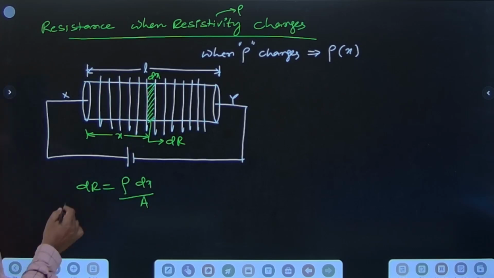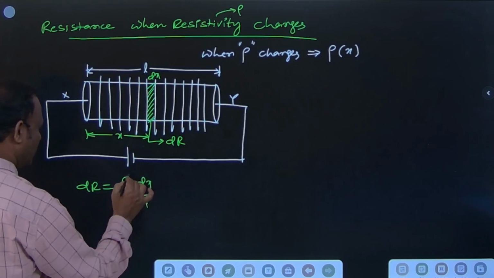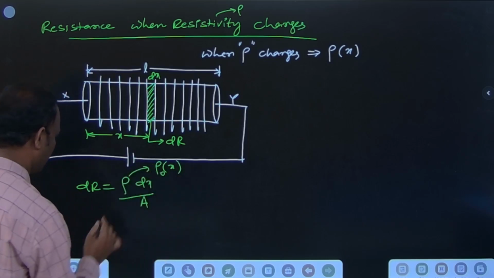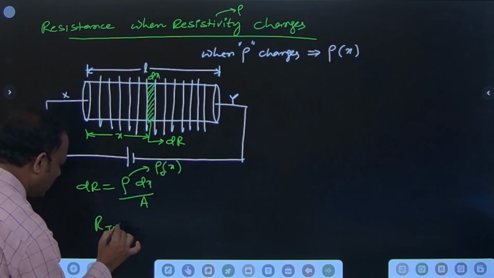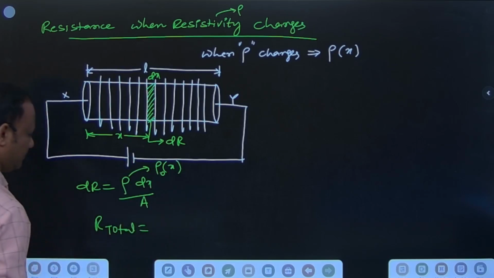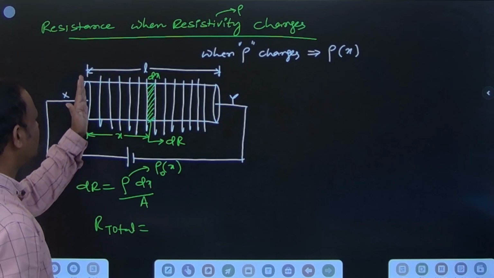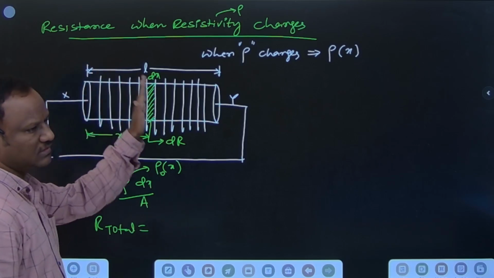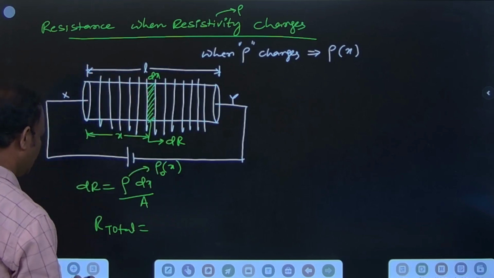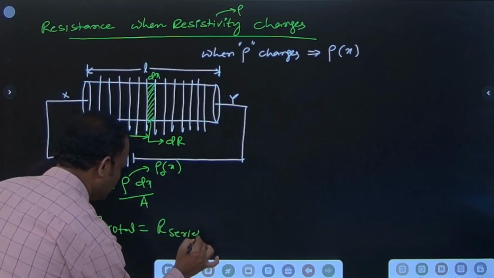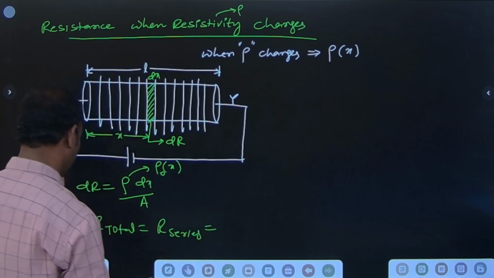So this may be rho as a function of x, rho naught of x. R total: all these resistors are connected in series, so R total equals R series.